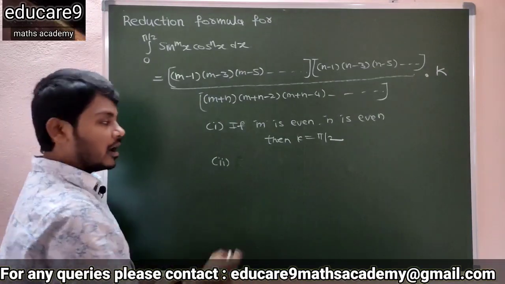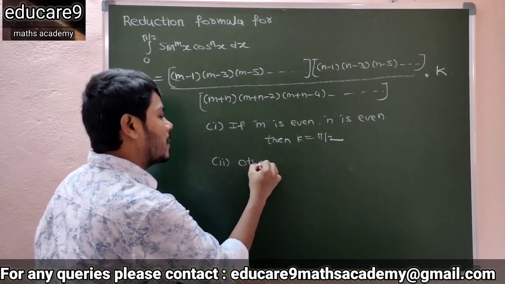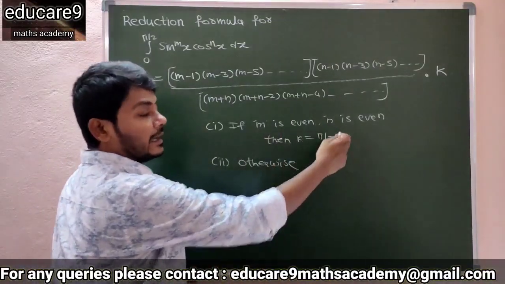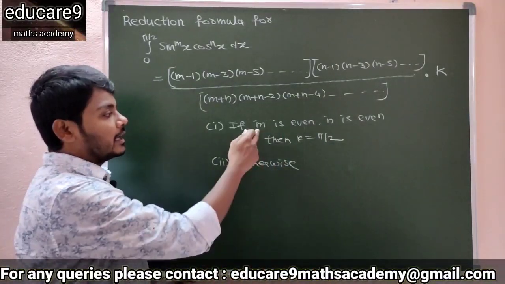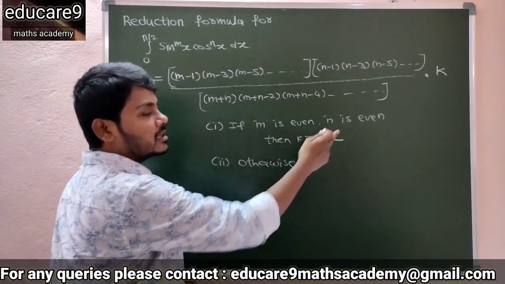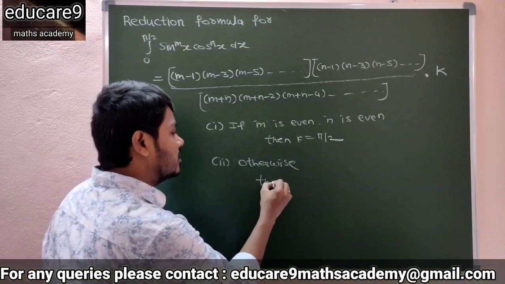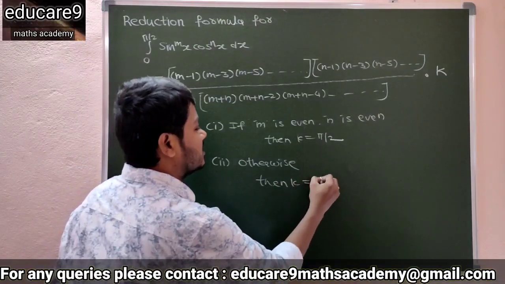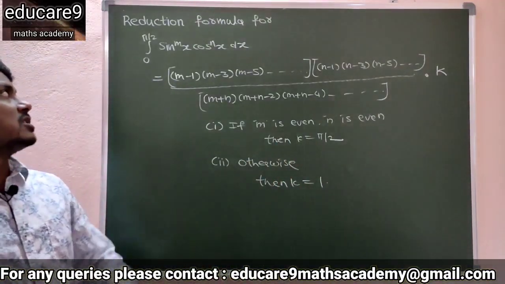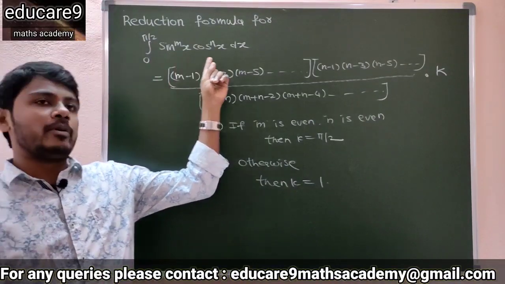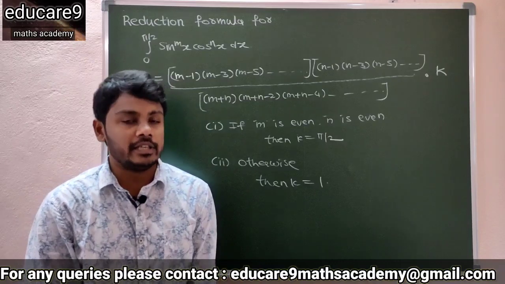Second one, otherwise, meaning m is odd, n is even, or m is even, n is odd, or both are odd. In that case, k is 1. So this is the formula for the integral from 0 to pi by 2 of sin^m x cos^n x dx.